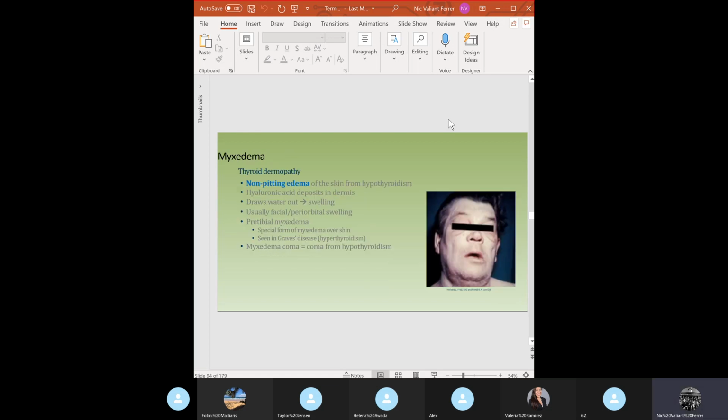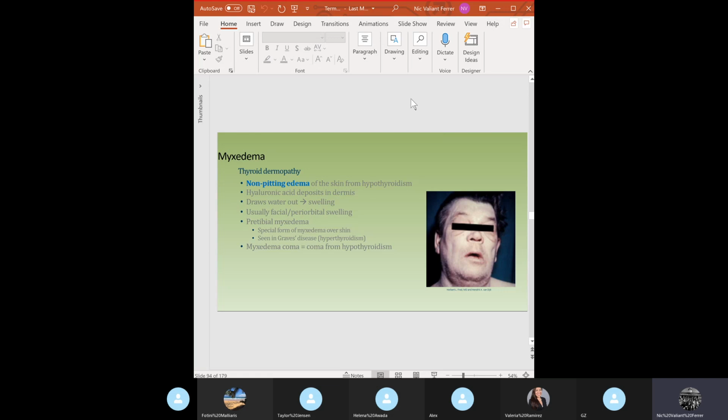Now, myxedema. Myxedema is a non-pitting edema of the skin from hypothyroidism. Why? You have hyaluronic acid and mucopolysaccharides depositing in your dermis. When they deposit in your dermis, they draw the water in. That's why you have swelling. Usually in the facial area, look at this man here, you can see periorbital or facial swelling.